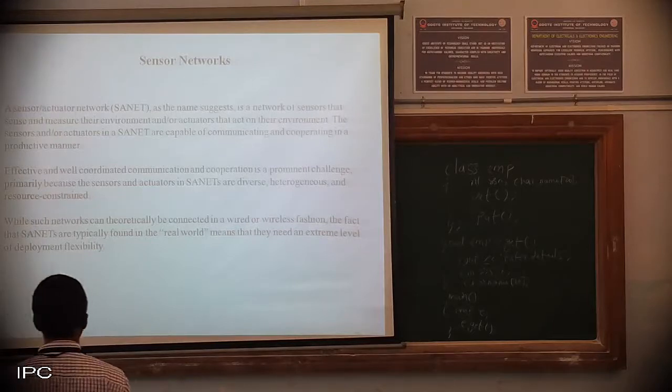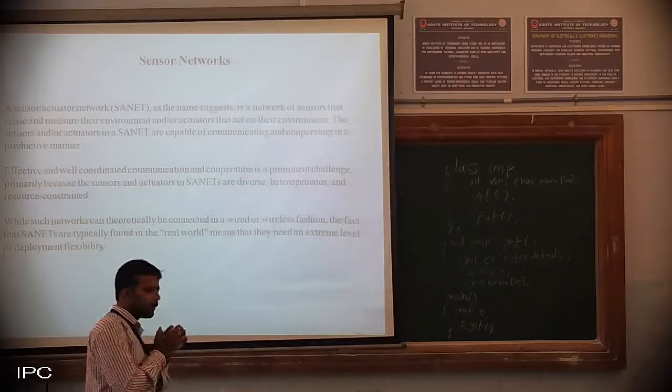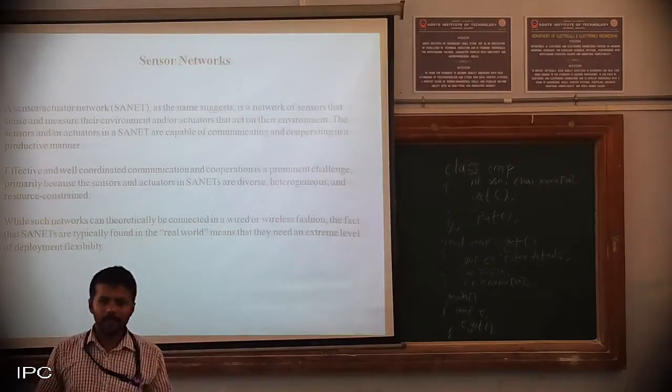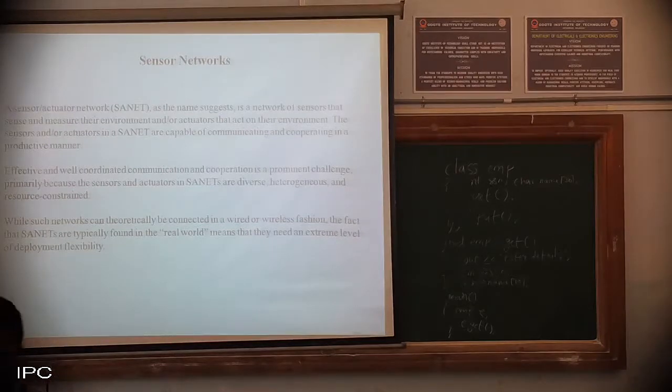If we are keeping a sensor, then communication is required between this sensor and the processing unit, and the actuator. Communication is required to gather the data or to send the data. So there we require the sensor networks. That is what we are discussing here.